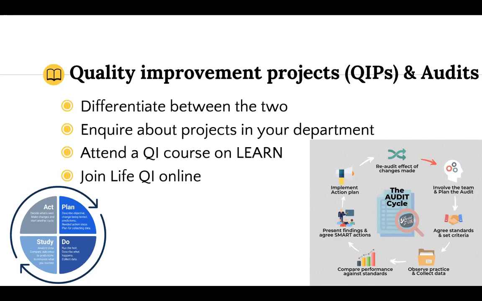That would be really great to join, and you will get a certificate of attendance, which also helps build your portfolio. Another platform you can use is Life QI online. It's an online platform where you can look at all the different QI projects in your trust as well as other trusts, and then you could find contact details and try to join different QI projects from there.